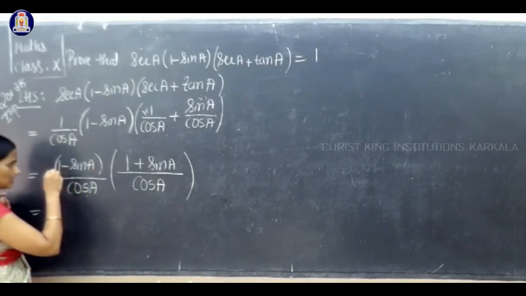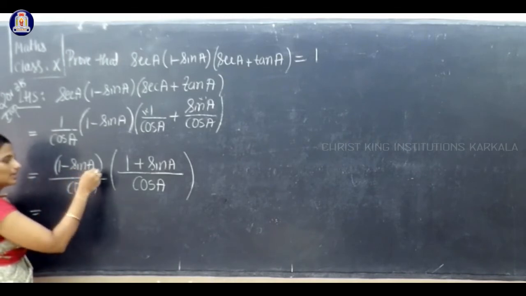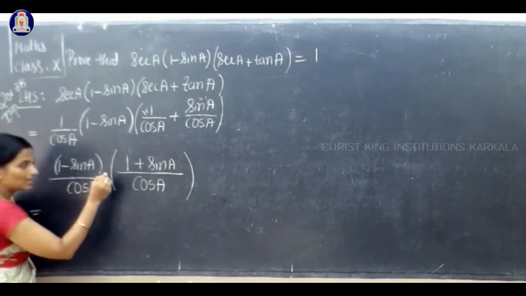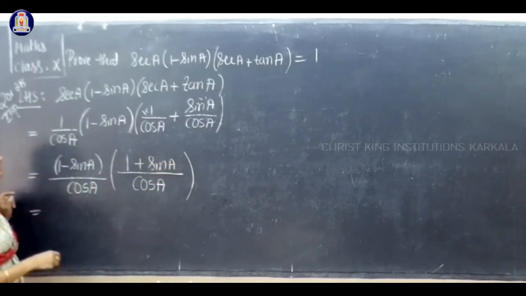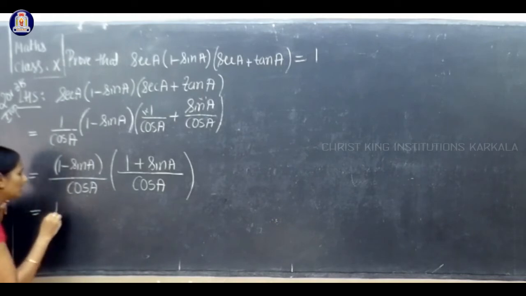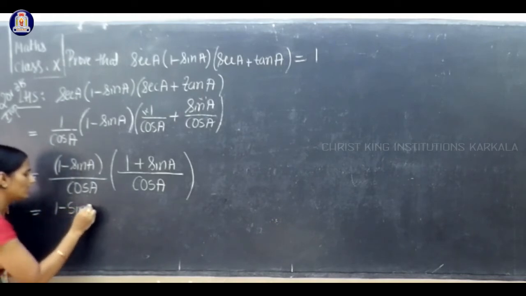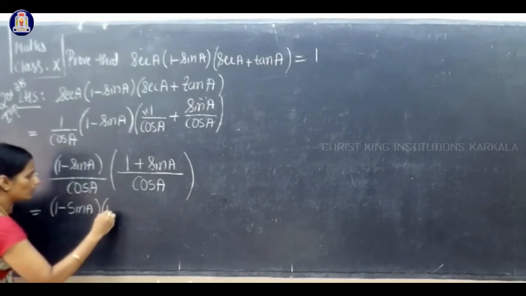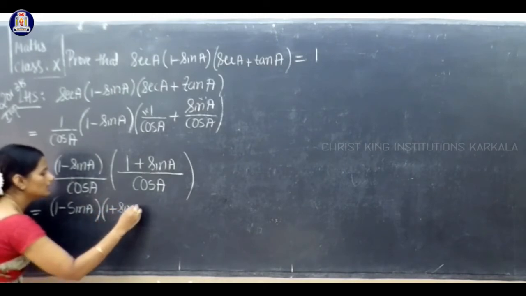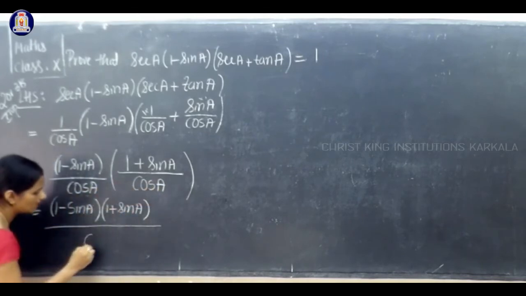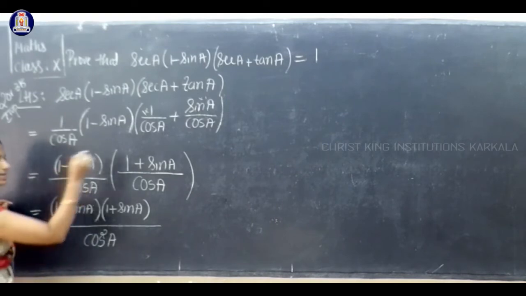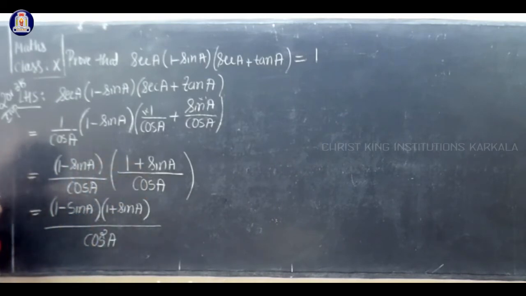And rearrange this. See how to read: 1 minus sin A divided by cos A into 1 plus sin A divided by cos A, right? So yes, now how to simplify? 1 minus sin A into 1 plus sin A divided by cos A into cos A. It is equal to what? Cos square A. Cos A into cos A is cos square A. Now see your numerator.